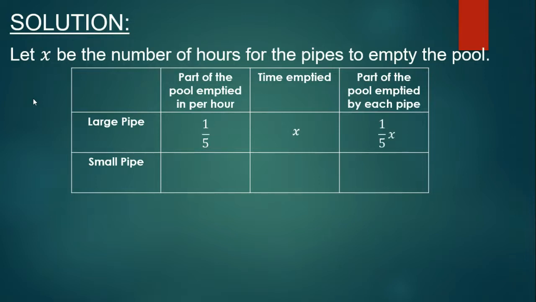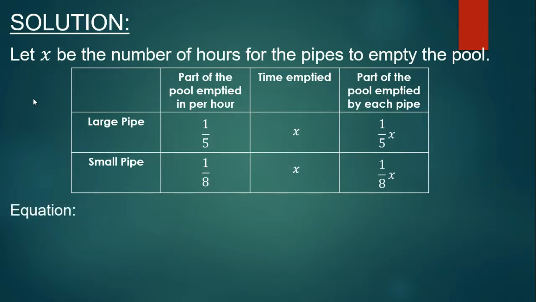For the small pipe, since given in the problem na 8 hours yung gugugulin ni small pipe para ma-empty yung pool, ang part ng pool na mai-empty niya kada oras ay 1 all over 8. Time emptied, the same, we have x. So part of the pool emptied by each pipe, we have 1 all over 8 times x is 1 all over 8x.